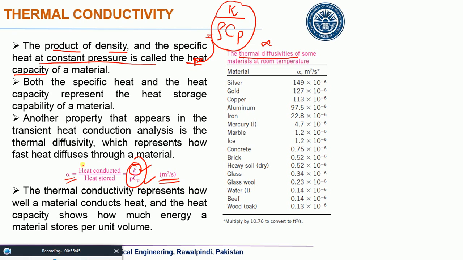If you have a greater value of alpha, it means the material is a good conductor. If you have a lower value of alpha, especially less than 1, it means the material is good for storing heat. Look at this one. Silver has, let's say, 149 into 10 raised to power minus 6.